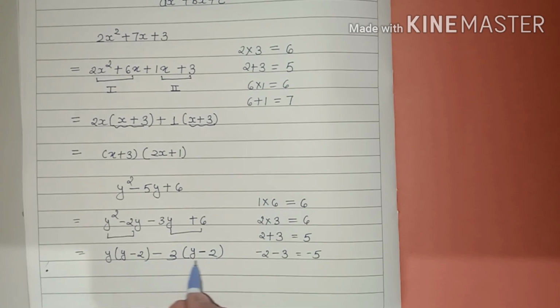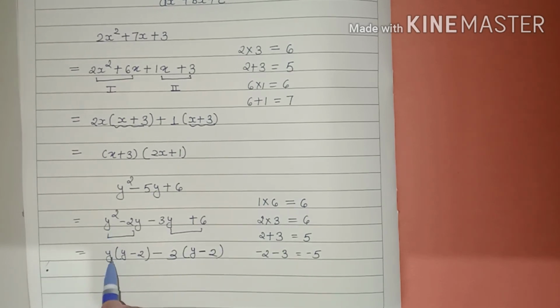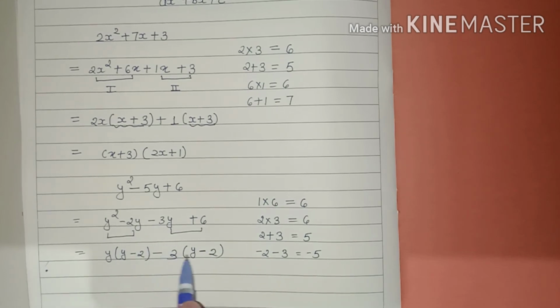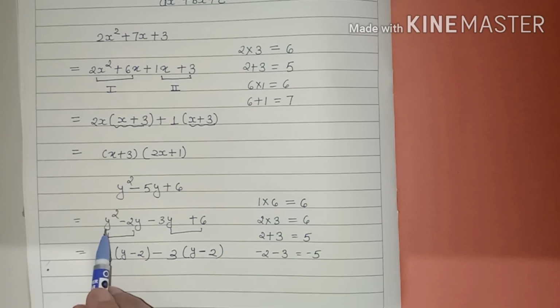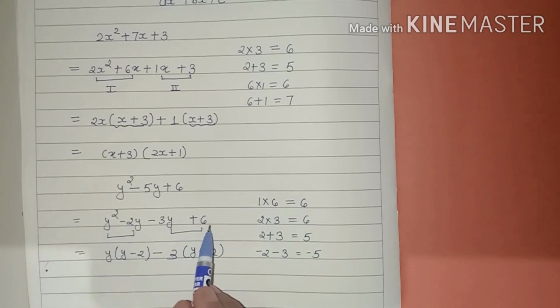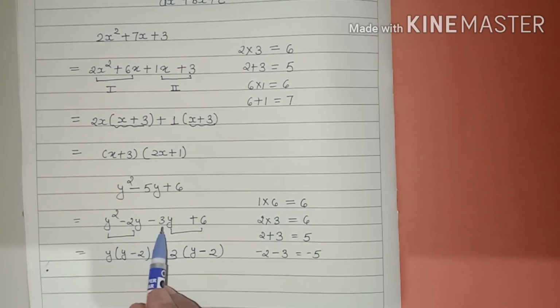Now how can you check whether your common factor is correct or not? By opening the bracket. y into y square minus 2y, minus 3 into y minus 3y, minus 3 into minus 2 plus 6. It means this step is correct. Again see this step, student, there are 4 terms here, 1 2 3 4, and here 2 terms are positive and 2 terms are negative.